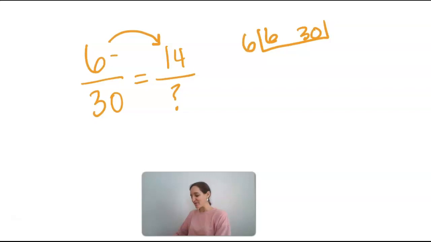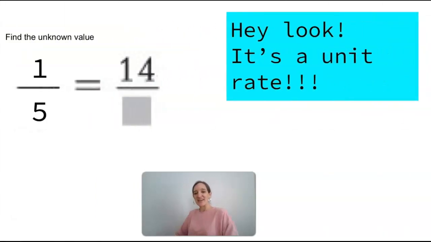I can divide both of these by 6 and I will get 1 and 5. So now instead of 6 to 30, I have a 1 to 5 ratio. And hey, what do we know about ratios where 1 is one of the numbers? It's a unit rate. Woo woo!